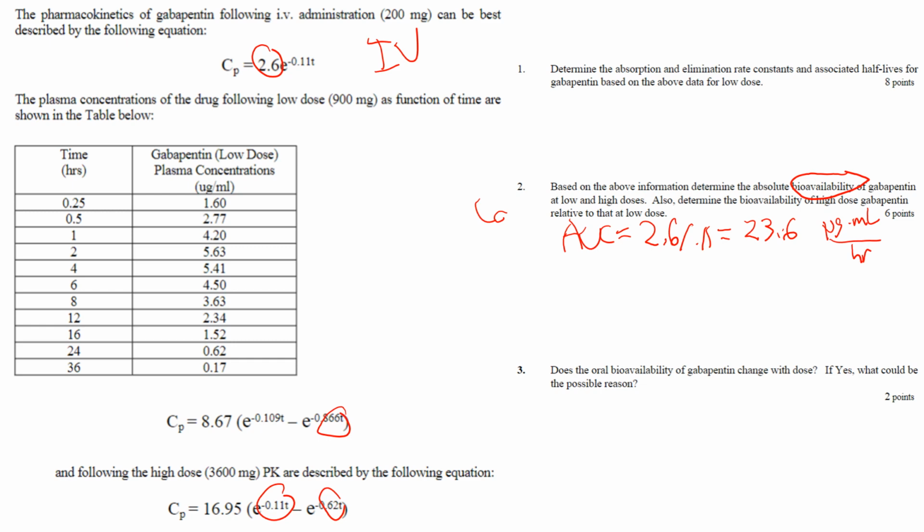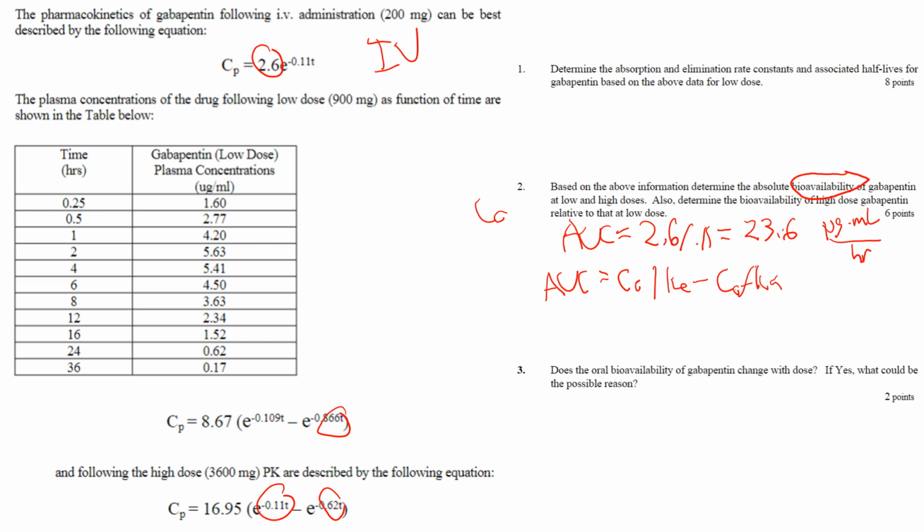AUC for oral is a little bit different, especially when there's an elimination and an absorption rate constant. Their AUC is equivalent to their C naught over their K elimination, minus C naught divided by K absorption.